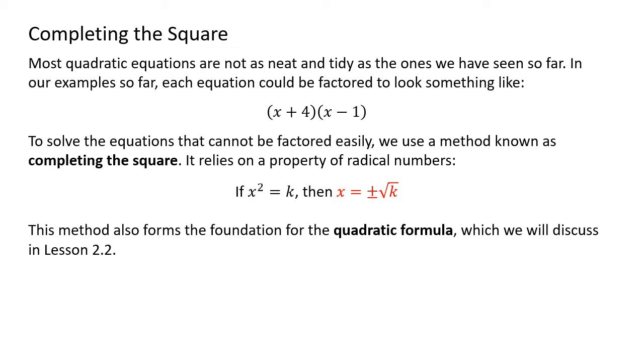What it relies on is if you have the x squared term, if you have x squared is equal to some number k, you can solve for x, okay, by taking the square root. But if you do that, you end up with two numbers, because when you take the square root, it can be the positive number or a negative number.